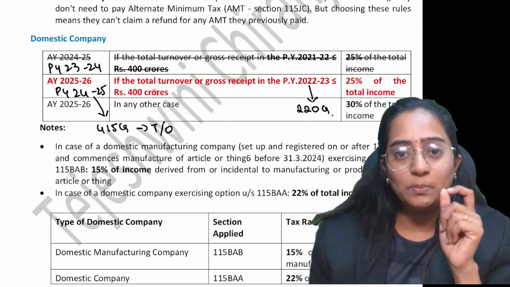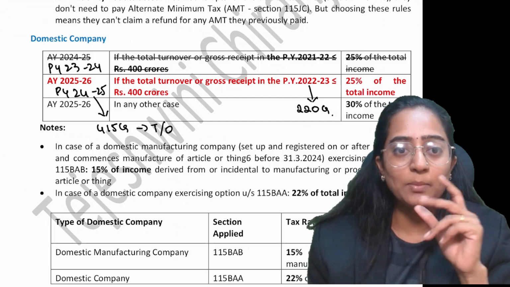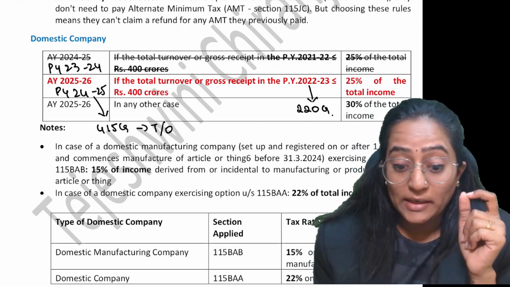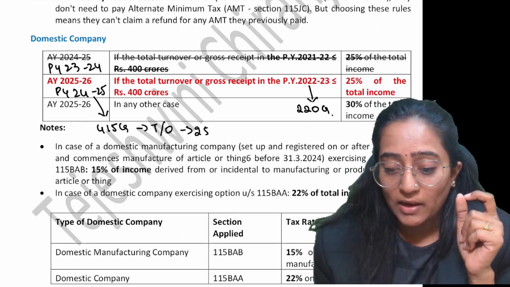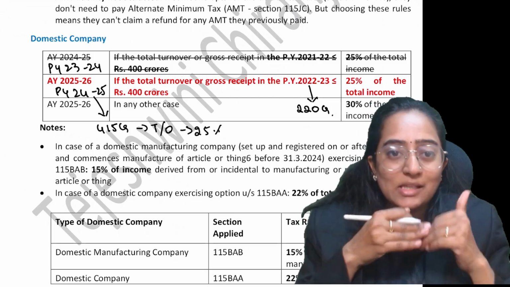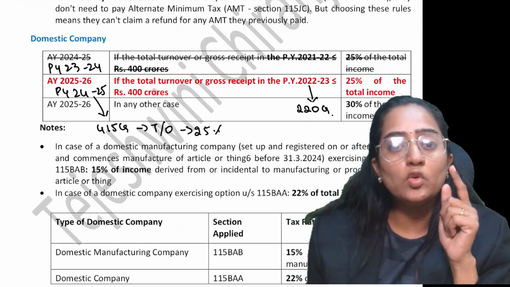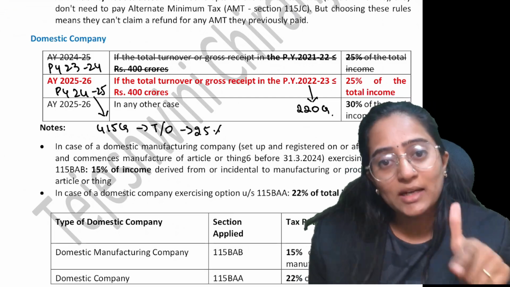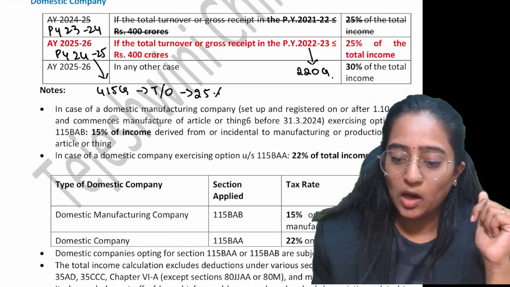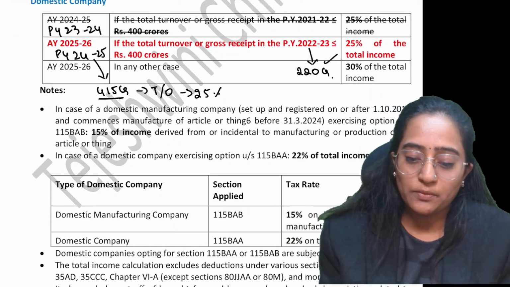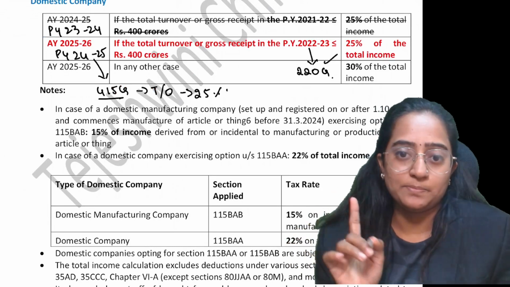Tell me whether 25% or 30% is applicable for PY 24-25. 25% is applicable. Why? Even though your turnover has crossed 400 crores in the relevant PY, we need to look at the turnover of PY 22-23 to decide whether it is 25 or 30%. So it is 220 crores, and it is going to be 25% even for 415 crores.